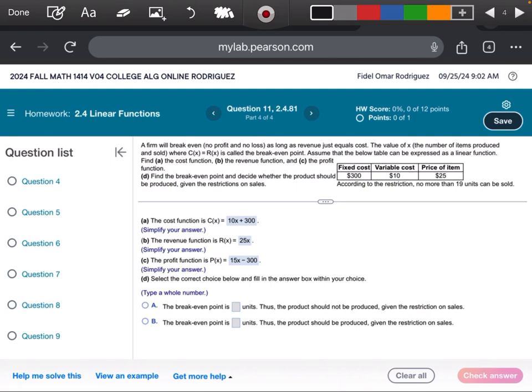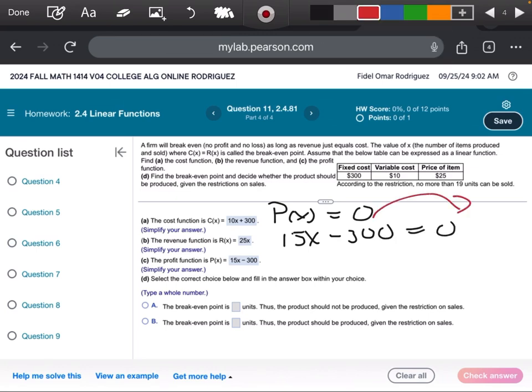The break-even point, y'all, refers to when my profit is zero. We didn't make any money and we didn't lose any money. So what we're going to do is set our profit function equal to zero. Our profit function was 15x minus 300. We're going to set that equal to zero. I'm going to move that 300 over, so it's going to become positive.